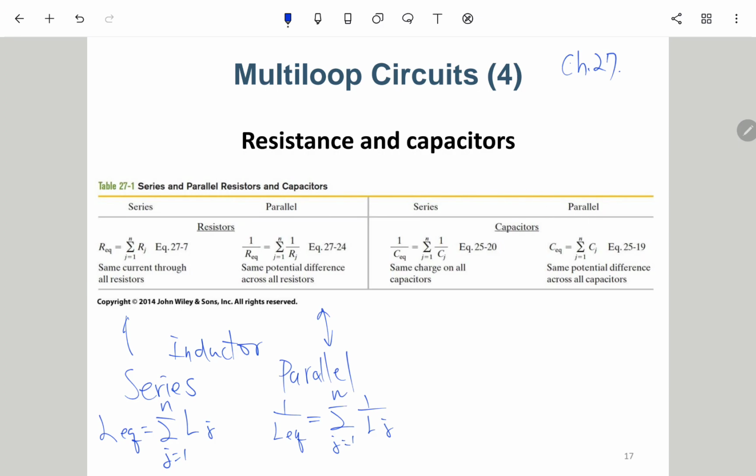And later in chapter 31, you may have some idea why it is reverse.